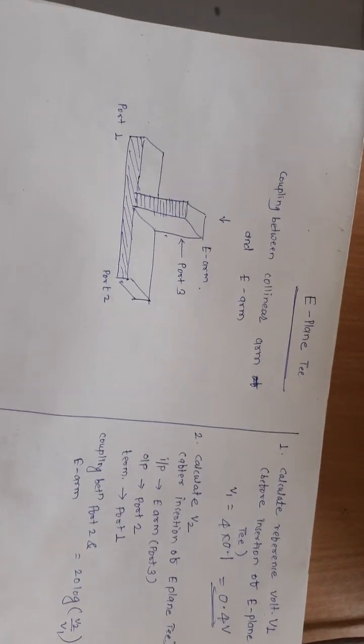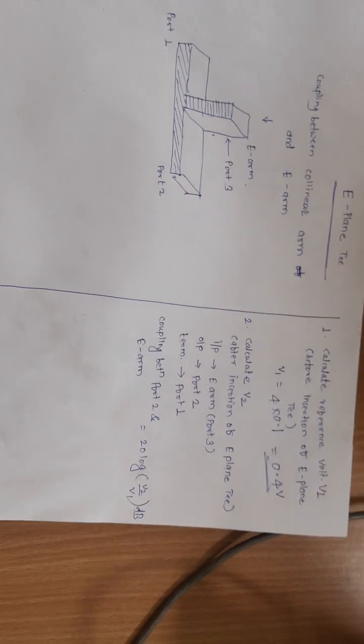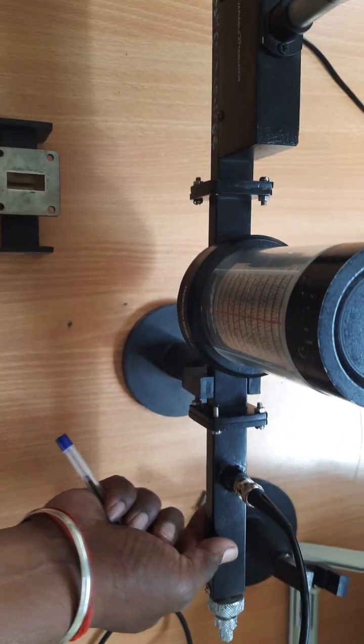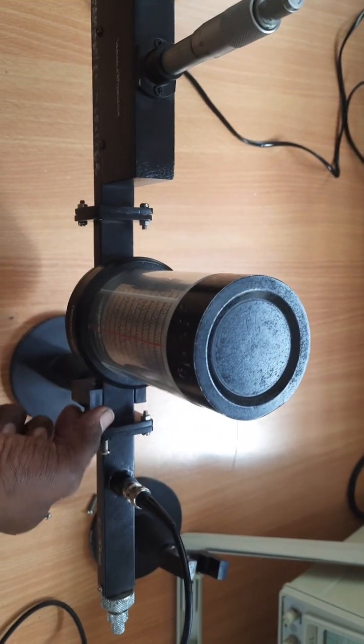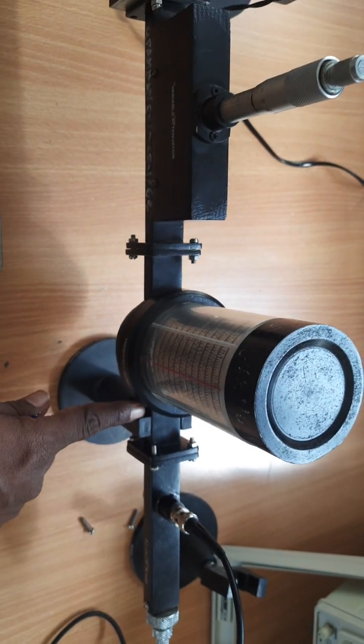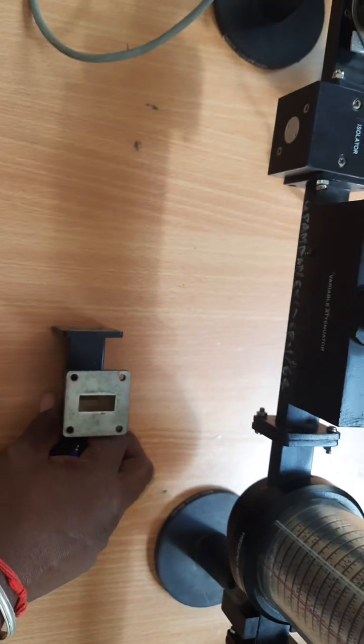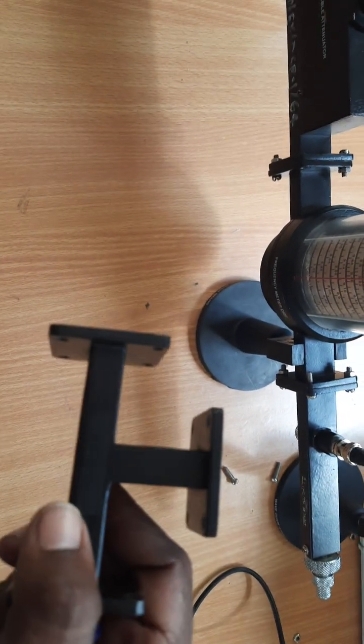Now our next procedure is that we are disassembling these connections, removing the detector mount which is connected to the frequency meter, and after the frequency meter I am connecting this E plane T, right?